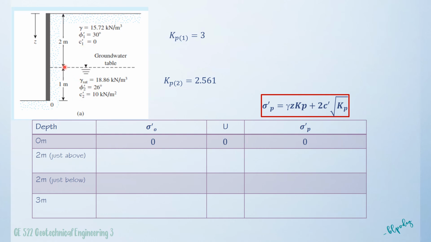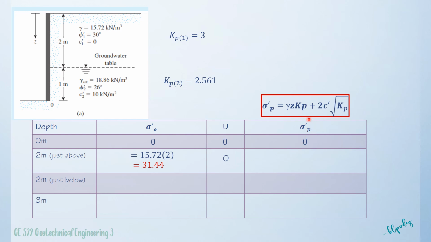So for now, let us consider 2 meters just above. So the vertical stress at that point is simply unit weight times the distance, that is 15.72 times 2, which is equal to 31.44. And then again, the pore water pressure is still 0.